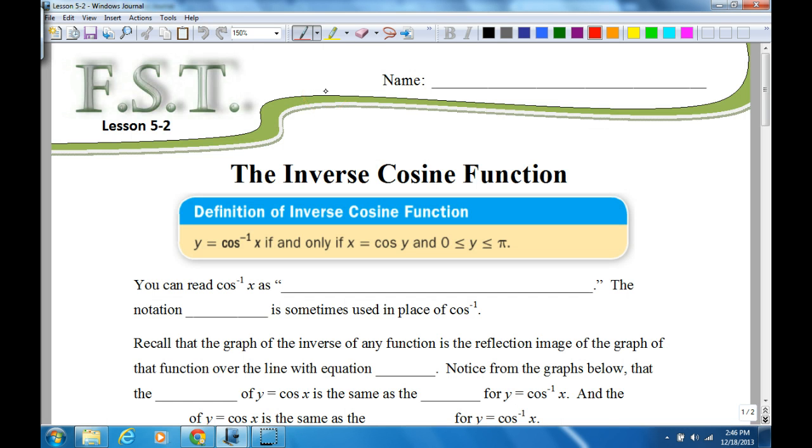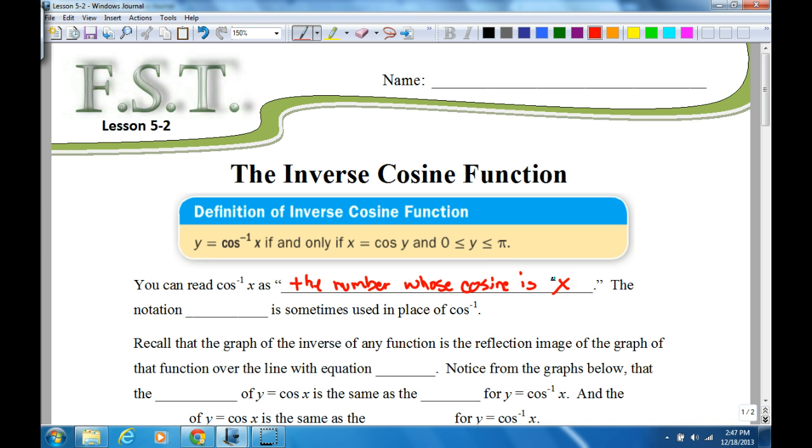So today's lesson is 5-2, and we're going to look at the inverse cosine function because, yes, I am recording it. As you can see in this first blank, it says you can read cosine to the negative 1 of x as the number whose cosine is x.